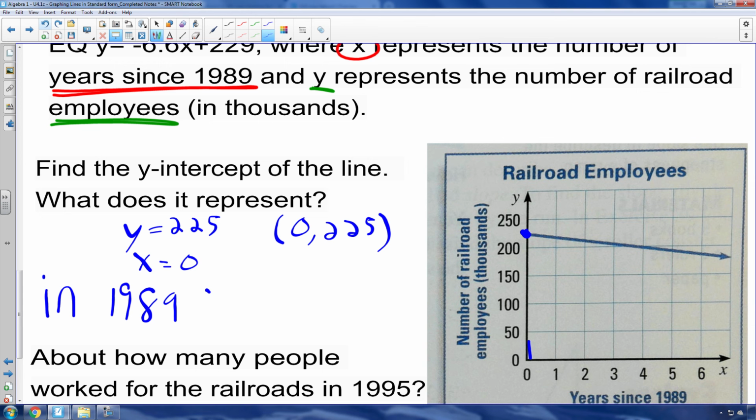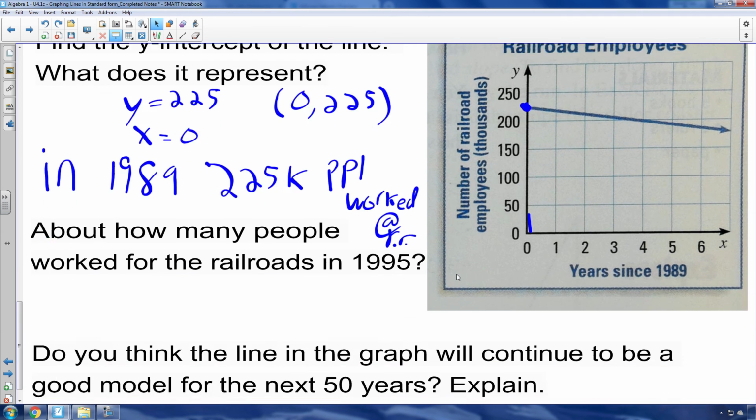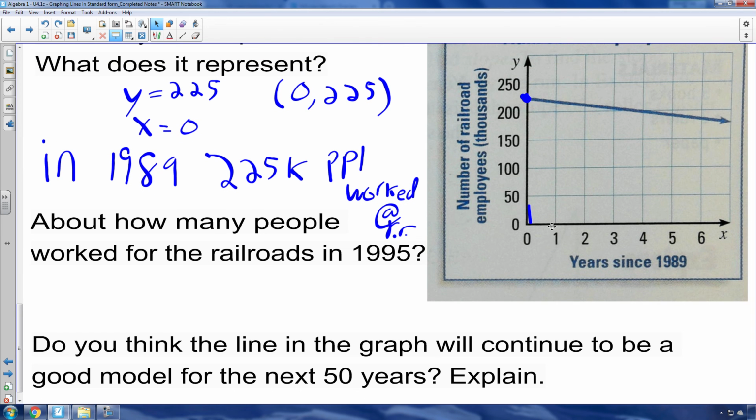In 1989, how many people worked? 225,000 people worked at the railroad. Does that make sense? So that's what's happening there. That's the understanding of what that is. It's been 0 years since 1989. It is 1989, and 225,000 people work at the railroad.